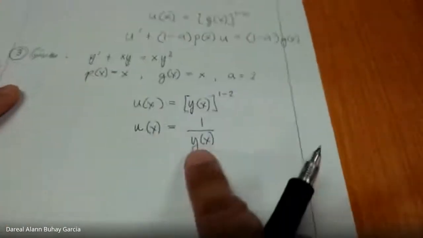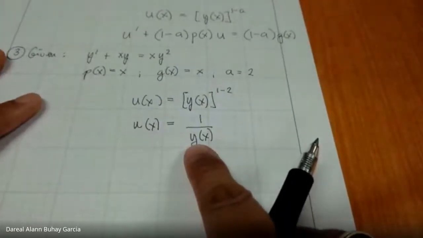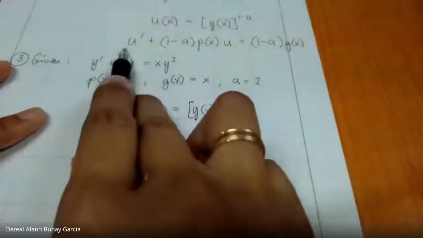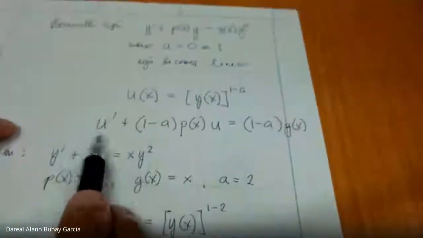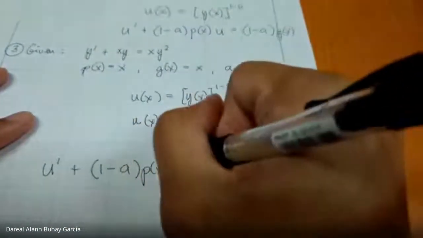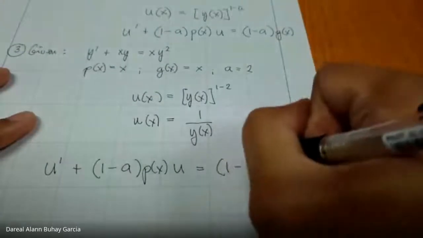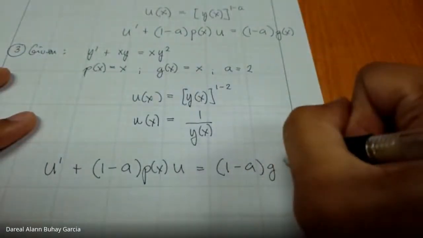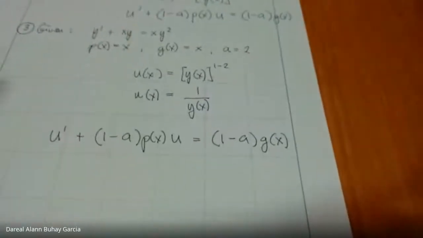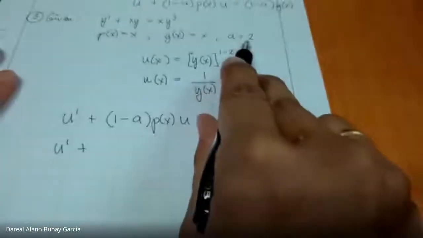Okay, so just remember this relationship. Now, invoke this formula, u prime plus 1 minus a times p of x times u equals 1 minus a times g of x. So u prime plus, what is a again? 2.